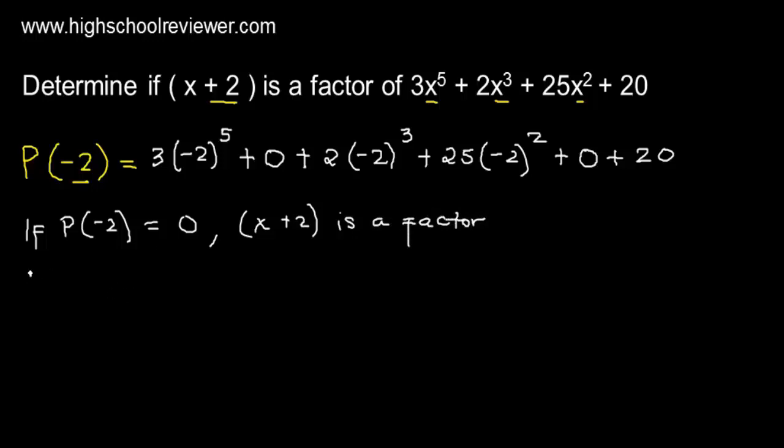Let us continue solving. So p(negative 2), this will be 3, negative 2 raised to the power of 5, this will be negative 32.